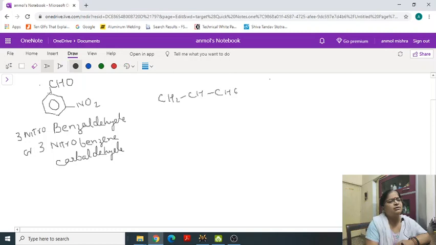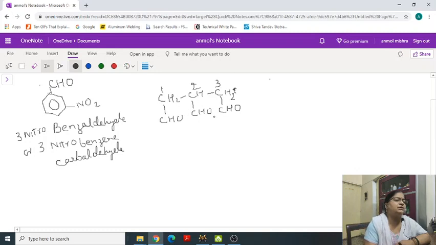Now sometimes more than one functional group is present, then we write the number of carbon atoms.